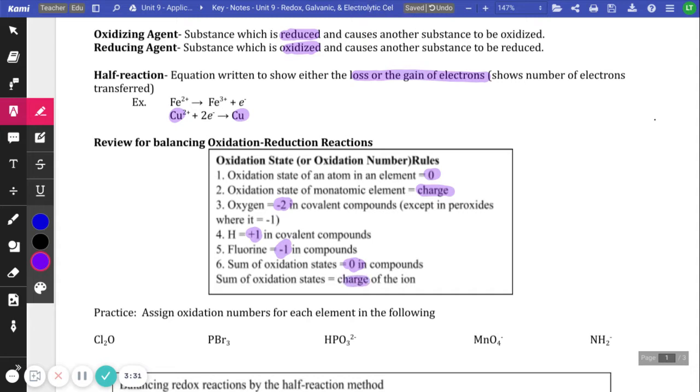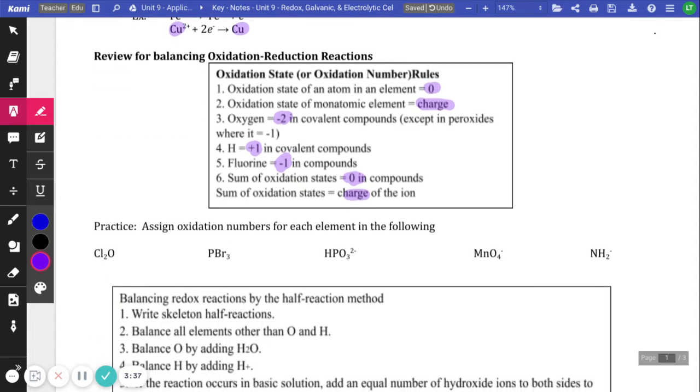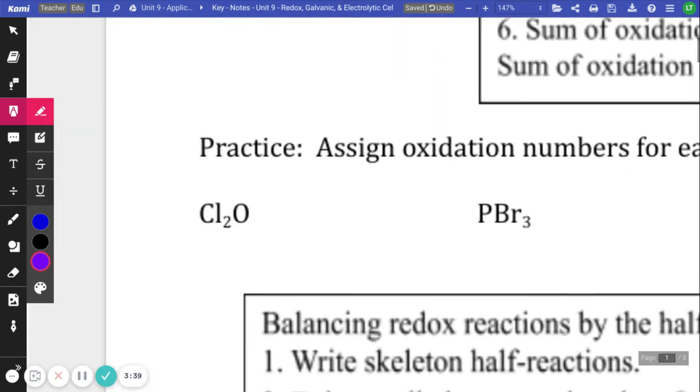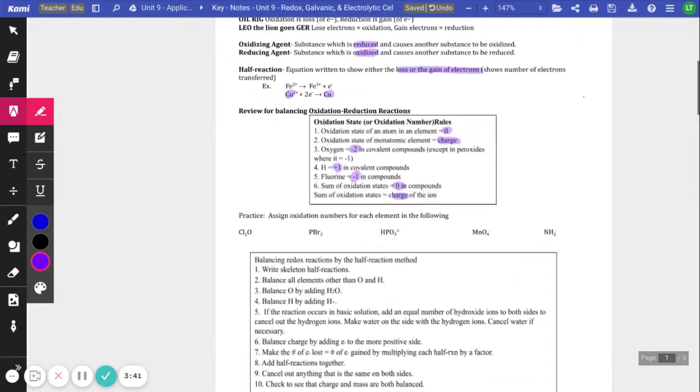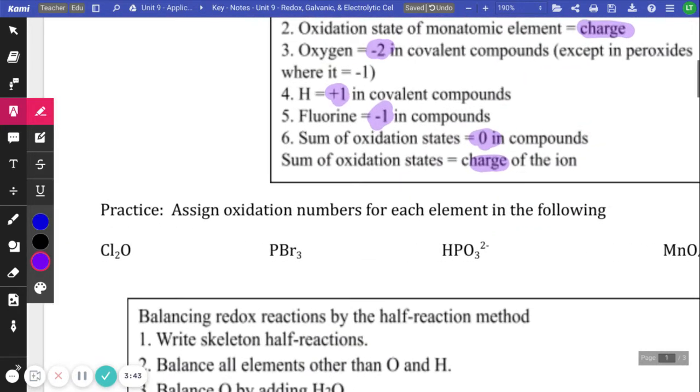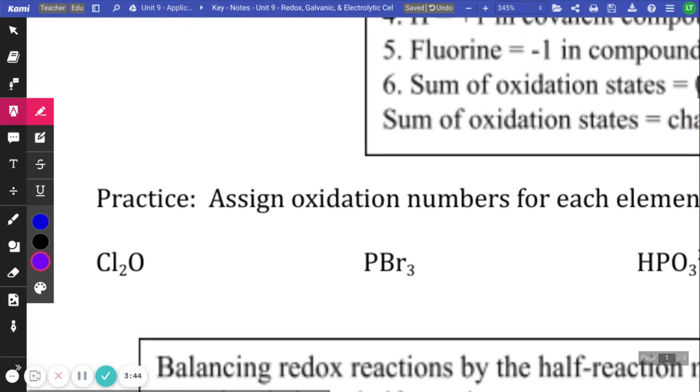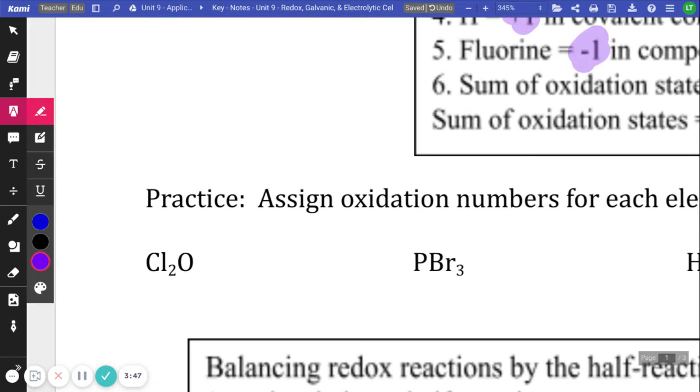All right, so I'm just going to go through a couple of these and then have you guys do a couple on your own. I'll start with Cl2O, my bad. Okay, so we have chlorine and oxygen.